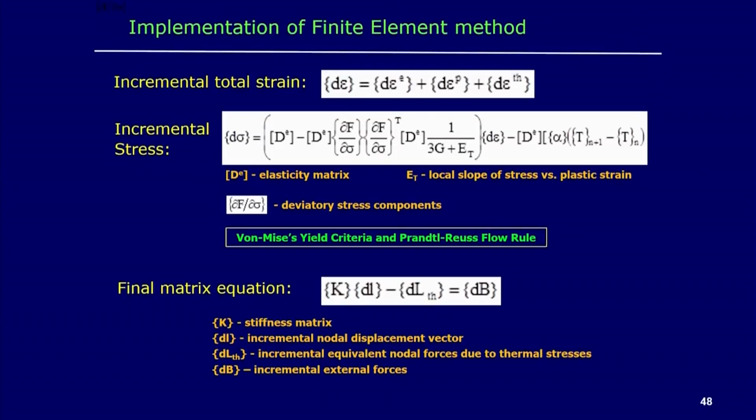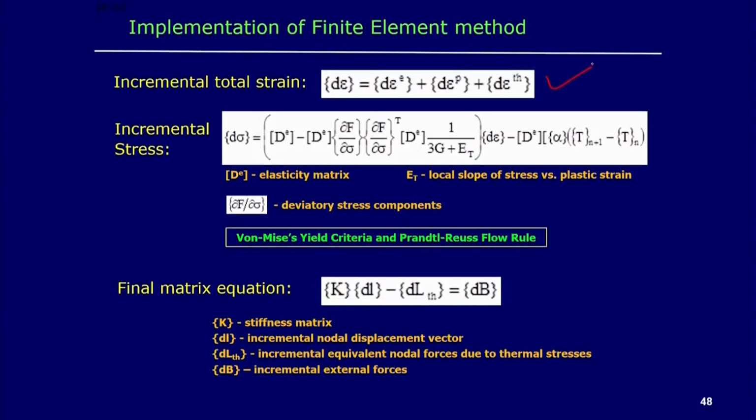So, implementation in the finite element method: how can stress analysis be considered when you try to develop a simulation using the finite element method? The first point is that we do the analysis in incremental mode, that means for very small increments of strain. The incremental stress can be represented like that, d sigma equals d, and we can find an expression for that.